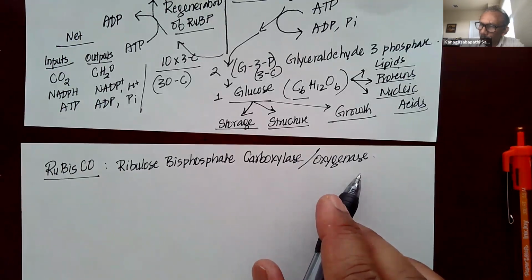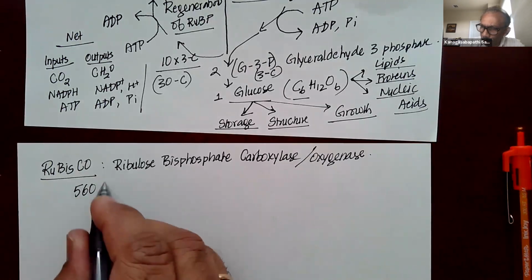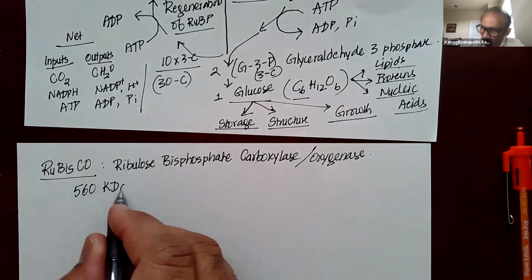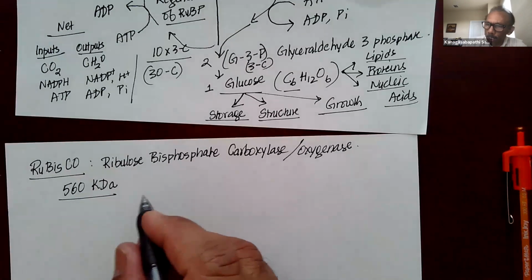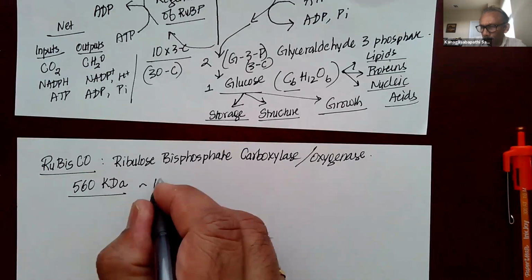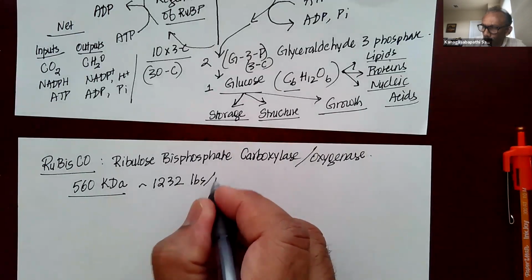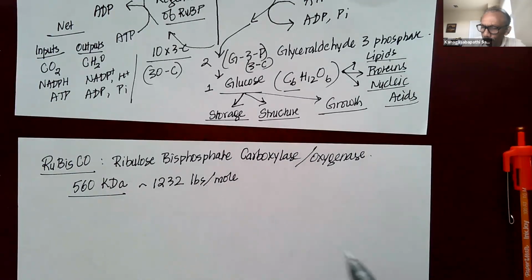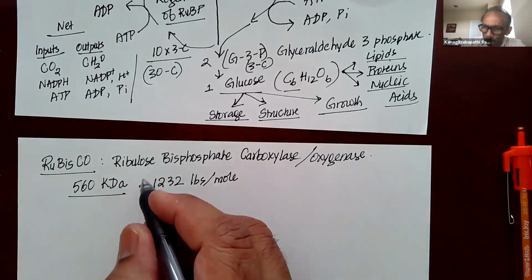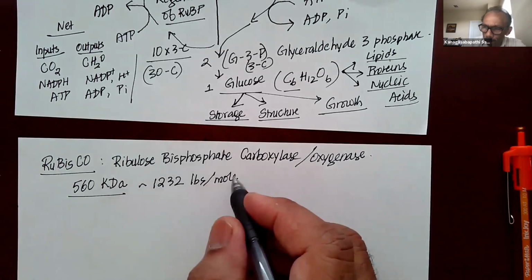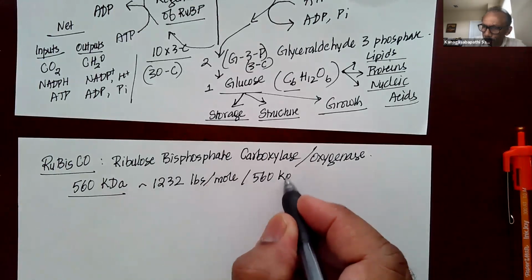This is one of the largest enzyme complexes, 560,000 Daltons, 560 kilodaltons, and it's roughly 1,232 pounds per mole. Imagine that. Or you can also say that it's 560 kilograms per mole.